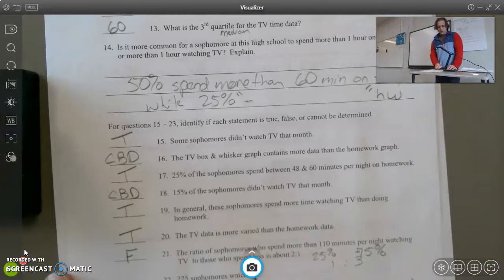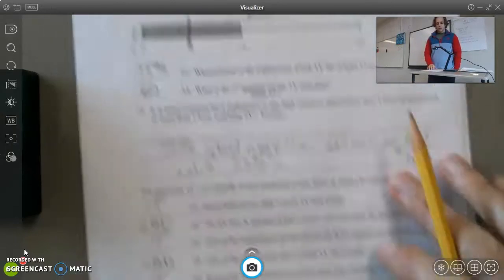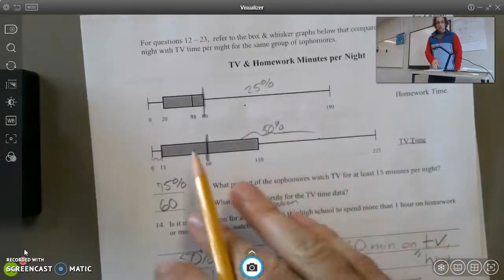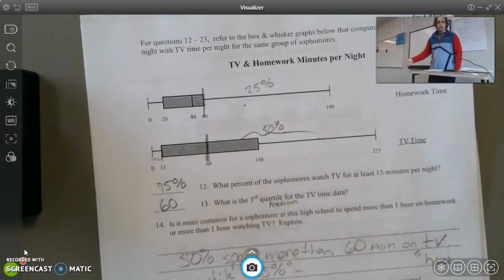225 sophomores watch TV. We don't know. Again, box and whisker plots do not tell us the number of data. They don't tell us how many data points we have. You don't see the frequency like you would in a dot plot or like a stem and leaf chart or something like that. I don't know how many, this could be just a few kids, this could be a ton of kids. I don't know how many students are surveyed here.